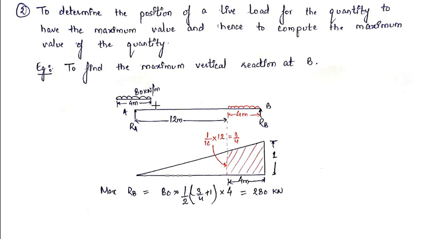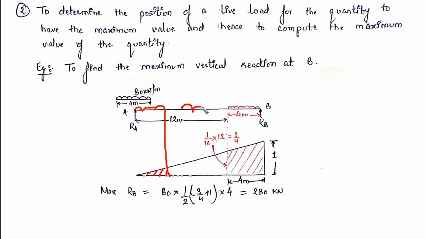Now you only imagine that if this UDL is here, then the area covered by the UDL is very small. So the value of the reaction, that is RB, will also be small.